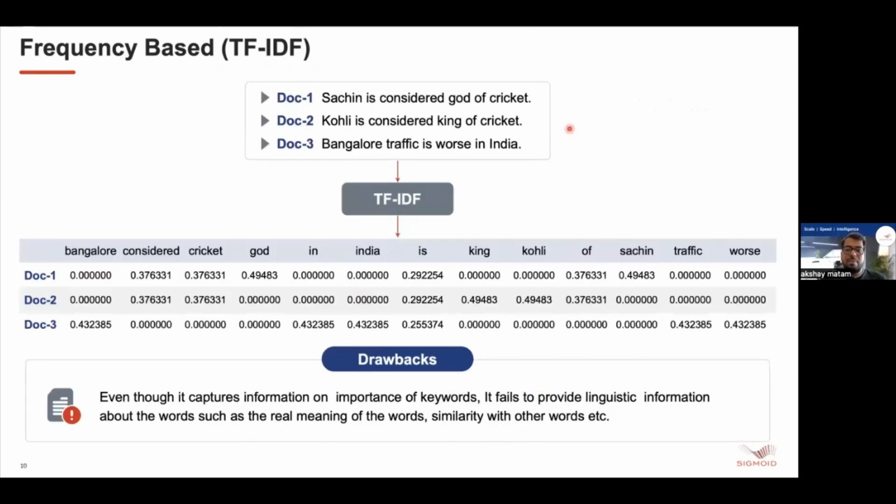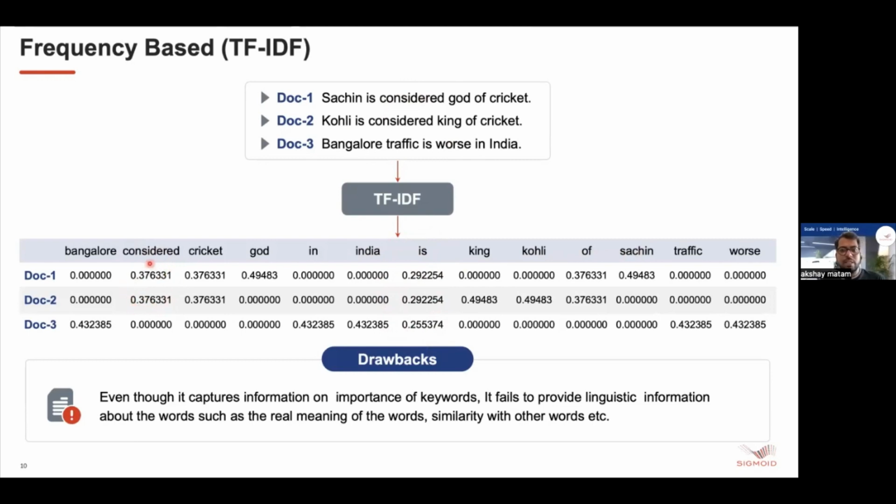If we take the same example, we can see that "is" is the keyword which is repeated across the documents, and it has been given a lesser score compared to keywords like Kohli or Sachin. And the keyword "considered", which is moderately distributed across the documents, is given a moderate score.